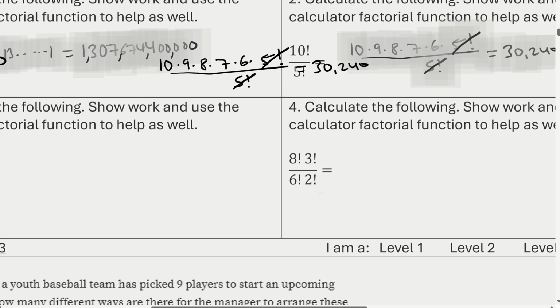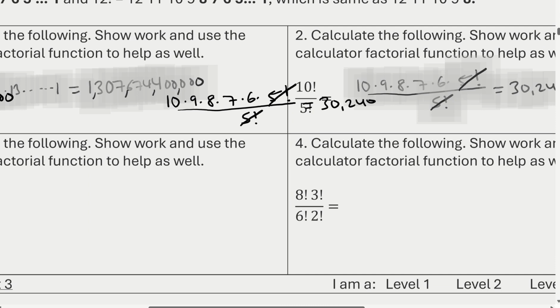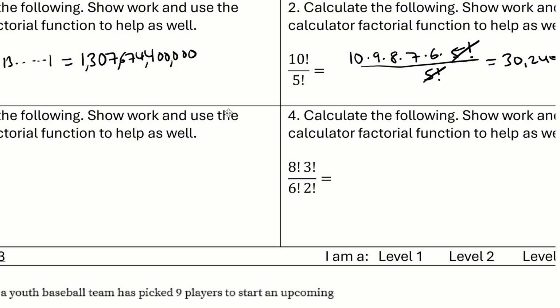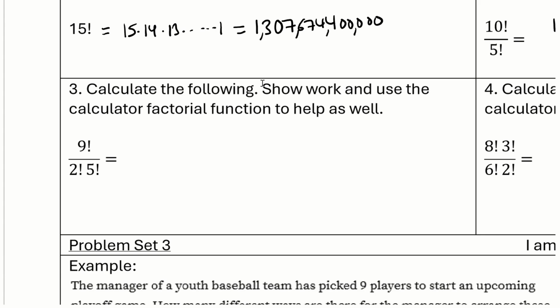All right, and then let's look at the next one. All right, so next problem is we got 9 factorial divided by 2 factorial times 5 factorial. So we got 9 times 8 times 7 times 6 times 5 factorial. And 2 factorial is just 2, because 2 times 1.